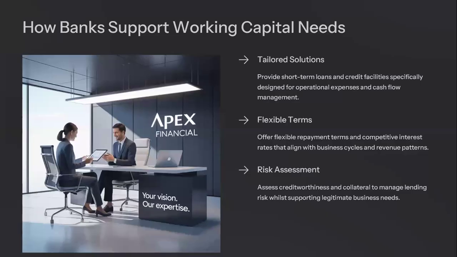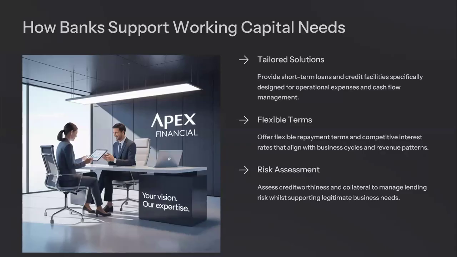Then how do the banks support working capital needs? Bank will provide short-term loans, cash credit, or overdrafts, which are tailor-made solutions depending on the nature of the company, its production, its levels of operation, and they will help the organization to sustain their cash flow.